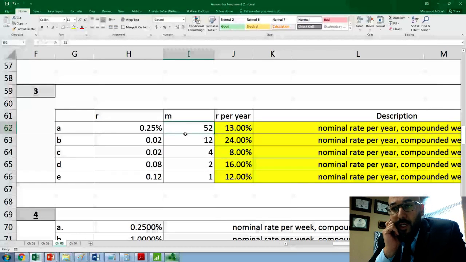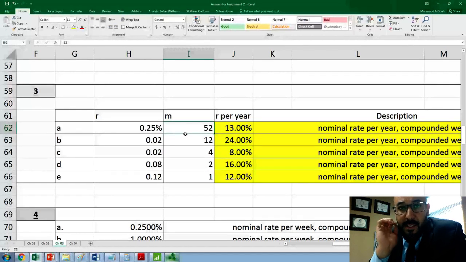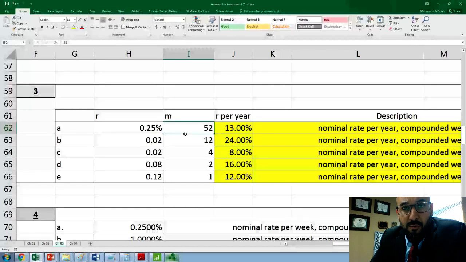So we need to find out how many times. This is the key point to find M. How many times per year do we charge interest, or how many times per year does this institution charge interest? As we see, this is compounded weekly, so this would be 52 weeks per year. So 52 times we will charge interest, every week.